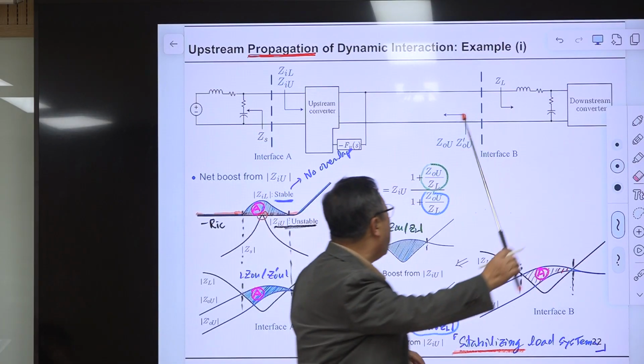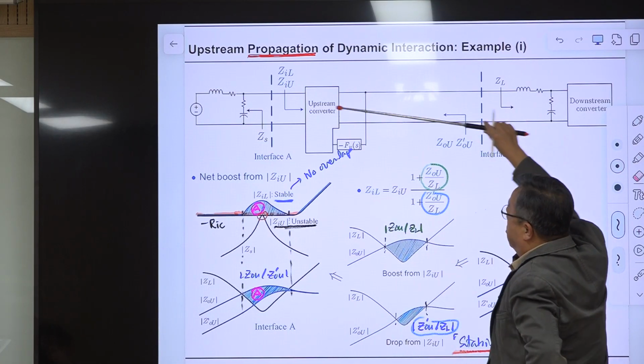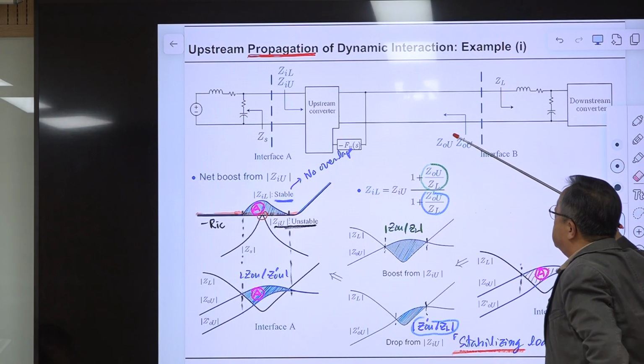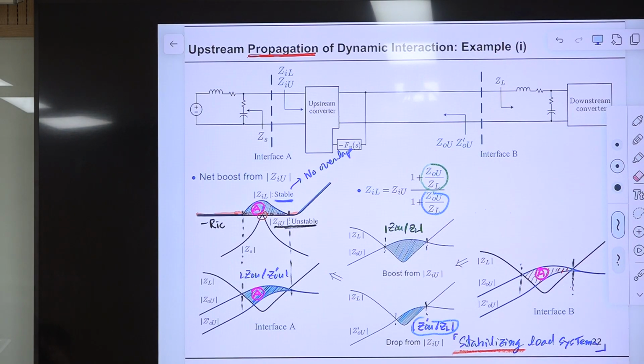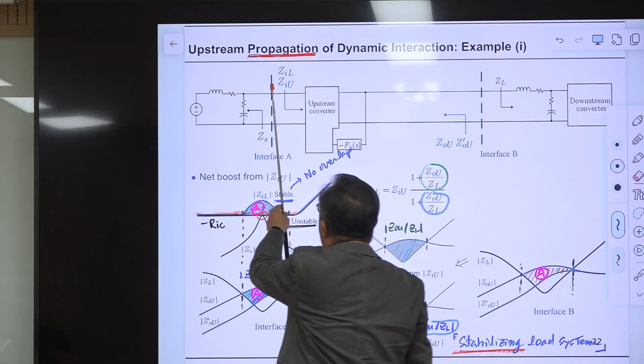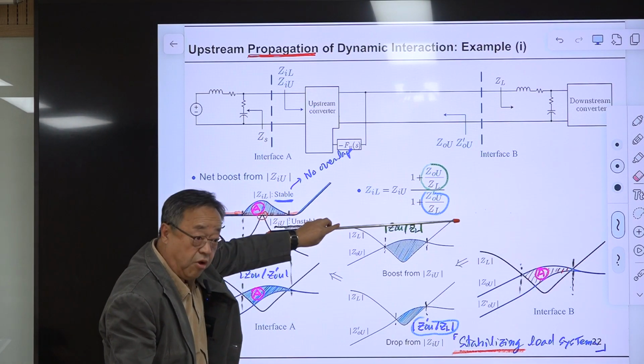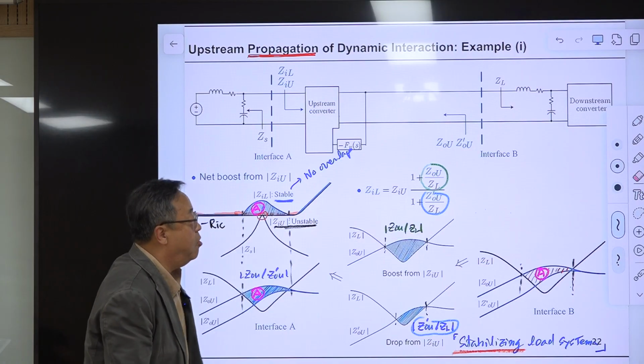GOU is the output impedance of this upstream converter. This is the regular output impedance, and GOU prime is the output impedance of the upstream converter evaluated with the input port open. Some strange output impedance, but we have this formula.